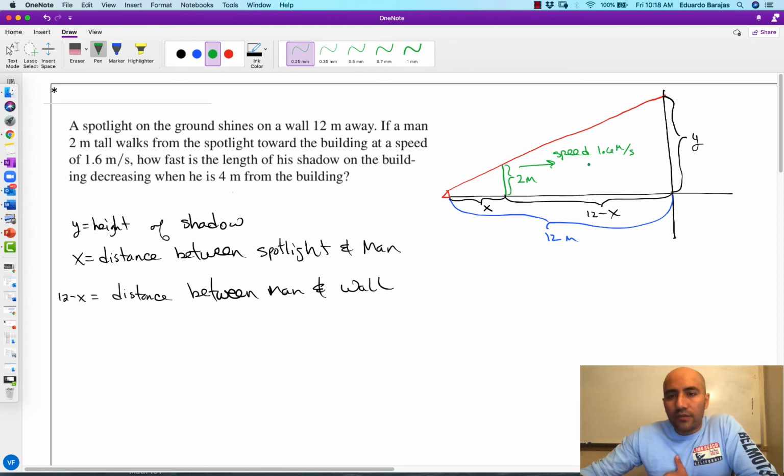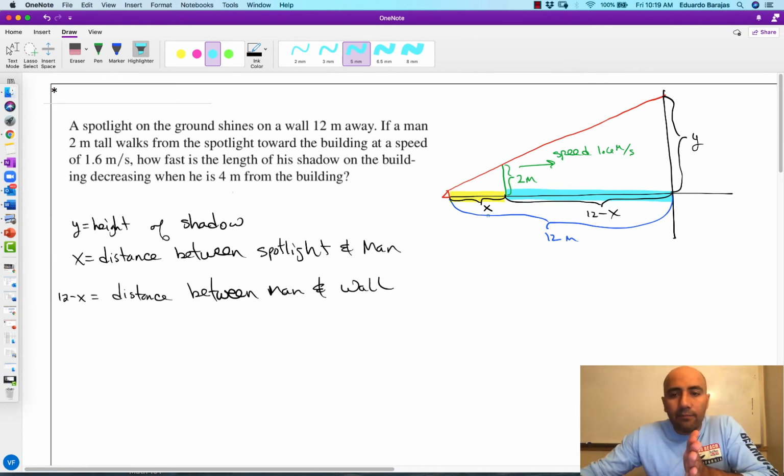Okay, so that is a rate of change. And it's a rate of change of both of these two quantities, right? There is the distance from the spotlight to the man, and there's also the distance between the man and the wall, right? Both the yellow and the blue are affected, right? If he's standing still, there's a constant value there.